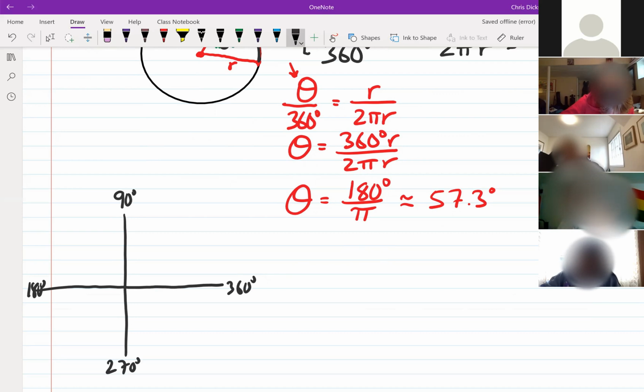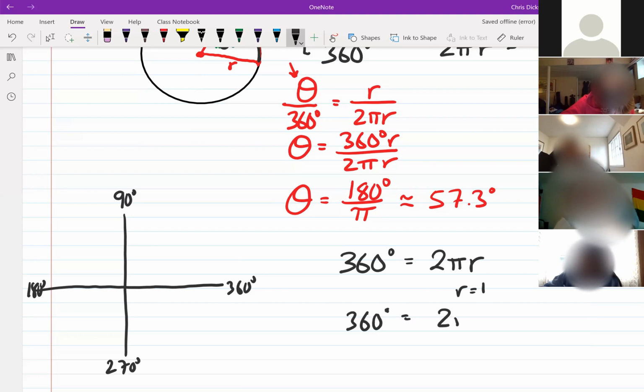If you go 360 degrees around a circle, that's really the same as traveling the circumference, which is 2 pi r. So let's just make the radius 1 for now. So we'll just say r is 1. We can make it different numbers. But in that case, 360 would be the same as 2 pi.